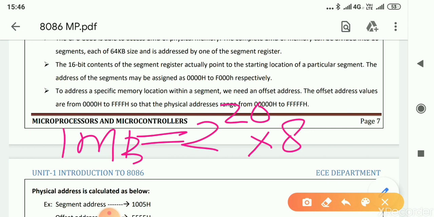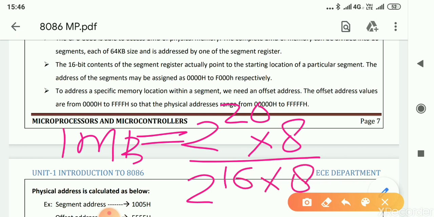Okay, if we are using segments of 64 KB, 64 KB can be written as 2^16 × 8, that is 64 KB. So there are basically 2^4 total segments, and 2^4 is 16.